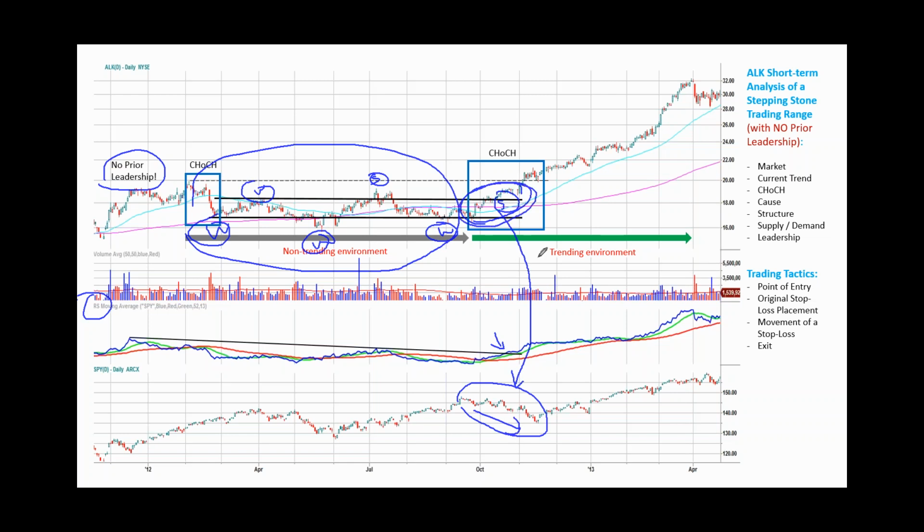Institutions are not selling, and they're already in this position from both the original trading range, and then there is some kind of rotation here that's happening in this trading range. And this local outperformance relative to the market is showing us that there is a change of character as to how the stock behaves. And therefore, this is a good place for us to enter the position.